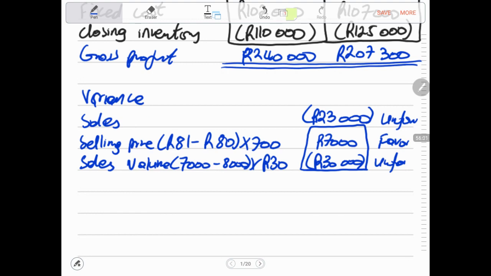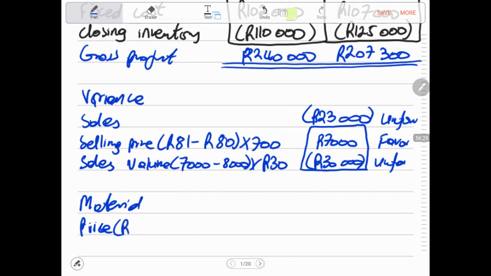Then I go to material variance. Just leave some space. Material is both the price and usage. I am dealing with the price of material, and the price of material is the standard price.